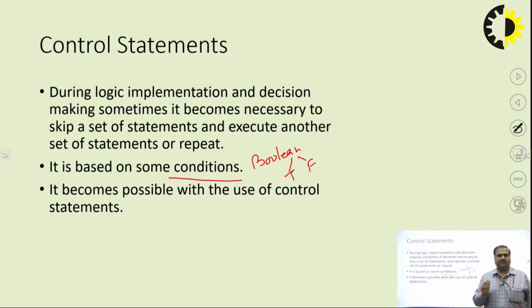If the condition is true, then we will take path 1. If the condition is false, then we will take path 2. It becomes possible with the use of these control statements. So let's try to understand what kind of control statements we have.